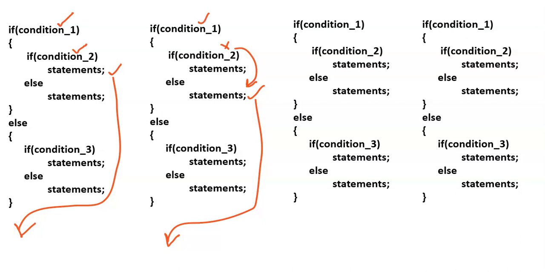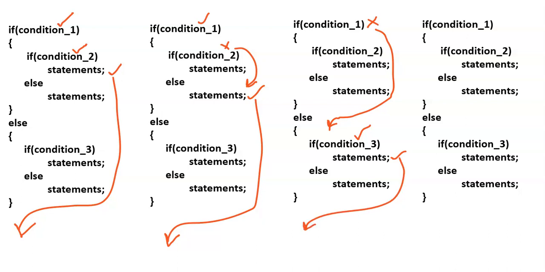Coming to the third scenario, now we assume that condition 1 is false. If condition 1 is false, then the control will not enter into the if block. That means the control enters into the outer else block, and here condition 3 is checked. Now we assume that condition 3 is true, then the statements in this true block are executed and the control comes out of the nested if else statement.